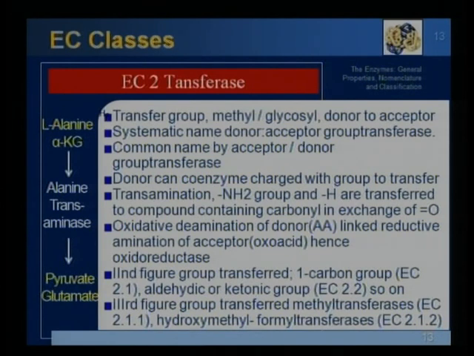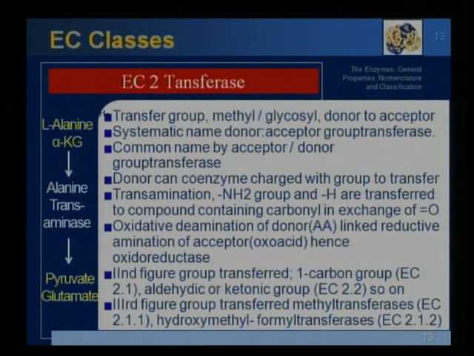A good example is that of amino acid transamination, which converts L-alanine and alpha-ketoglutaric acid into pyruvate and glutamate. So you can see that the amino group is transferred from one compound to another one.